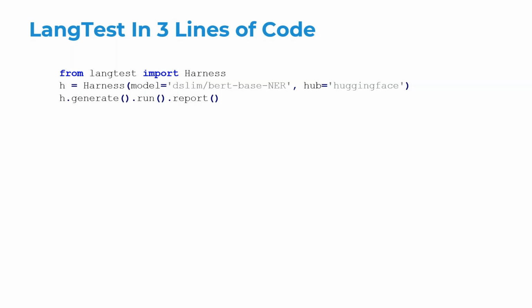The code is very simple. All you have to do is import a harness class. This harness is the class to perform tests, so everything works from there. Then you can instantiate the class with the model you want to test. It can come from different hubs, for example, from Hugging Face. So you can load any model from Hugging Face models.